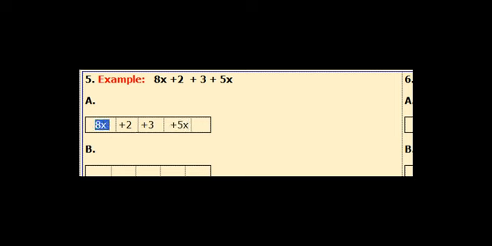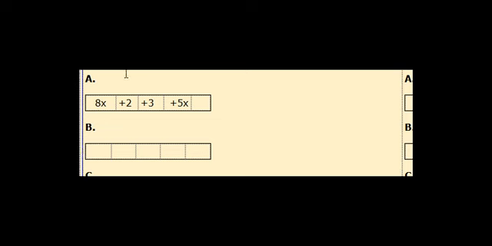I'm not quite sure why this turned out red, so I'm going to change that. Okay, now the next step is that I need to rearrange the terms. So my variable terms are the positive 8 times x and the positive 5 times x. My constant terms are the positive 2 and the positive 3. They need to be listed last.